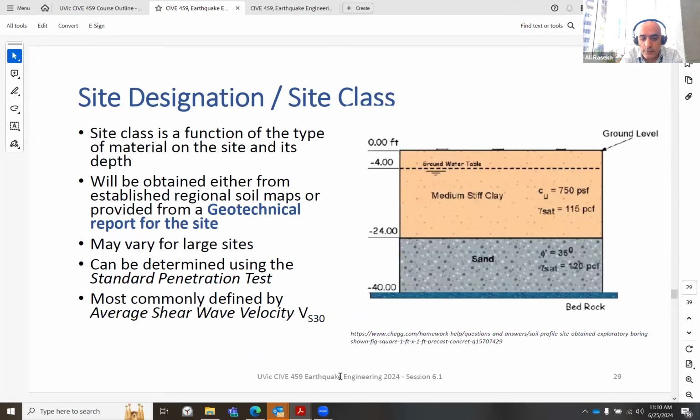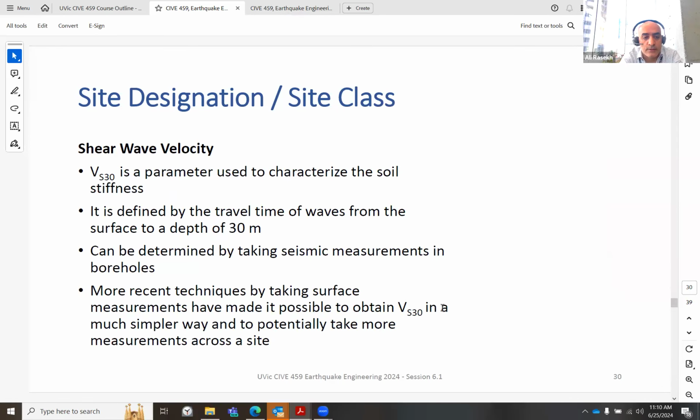And another 60 feet underneath is important for us. However, the indication is that the rest is almost homogeneous bedrock. So 40 feet of like 2 soil layers and another 60 feet of bedrock here consists of a top 30 meter, which is important in site class and site designation.